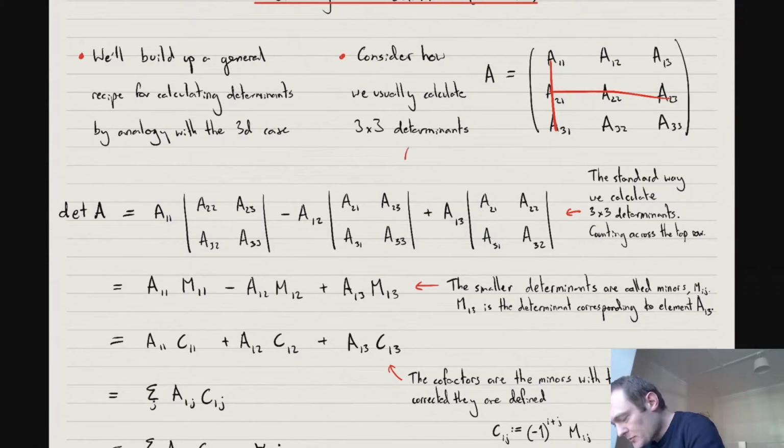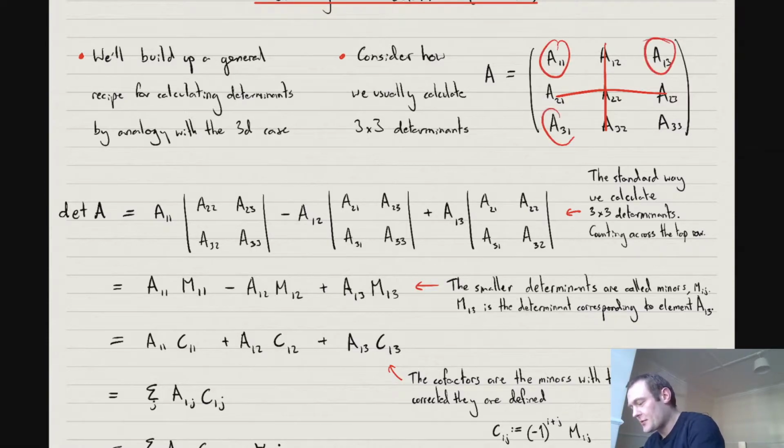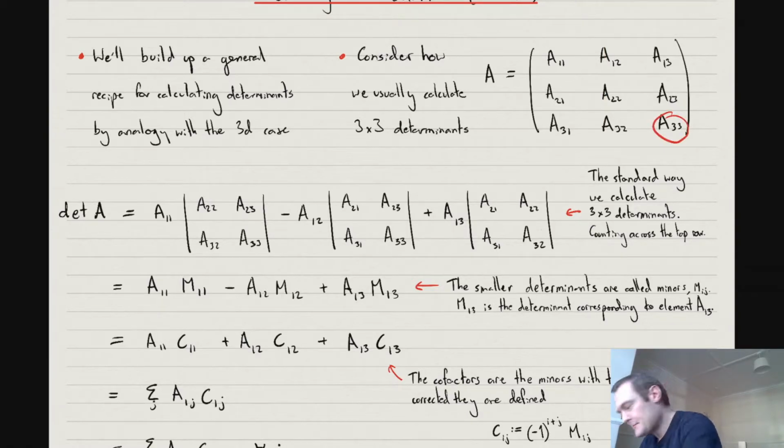In which case it would be A12, A13, A32, A33, like that. We could have the A22 minor, like this, in which case it'll just have those 4 elements. Or we could have this one here, in which case it's going to be that.